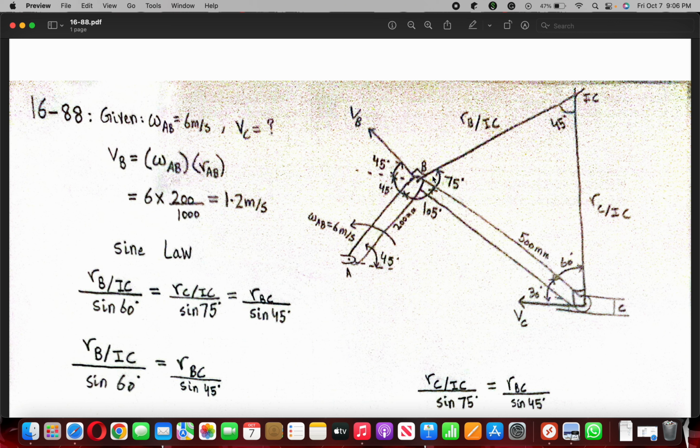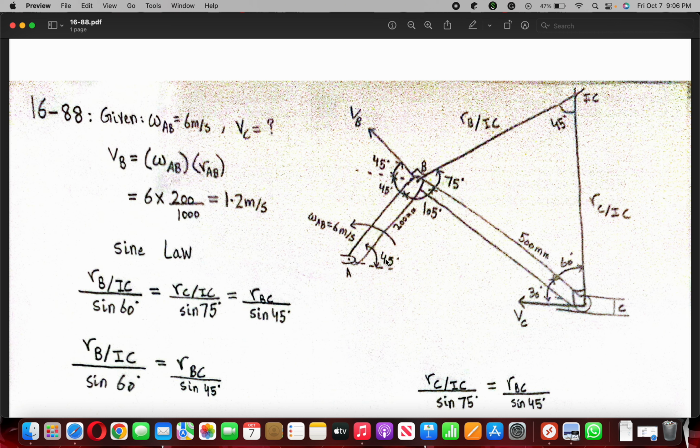And now we have to find the angles in the triangle with the IC, which is formed with C and B. As VC already has 90 degree with the IC, and 30 degree is the angle given with the BC rod, we subtract it from 90 degree and we get 60 degree over here.